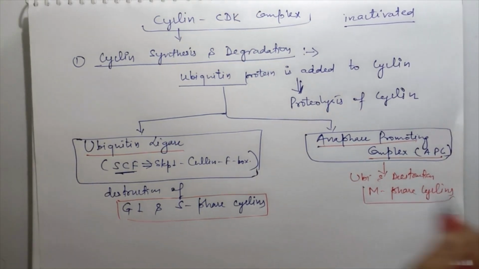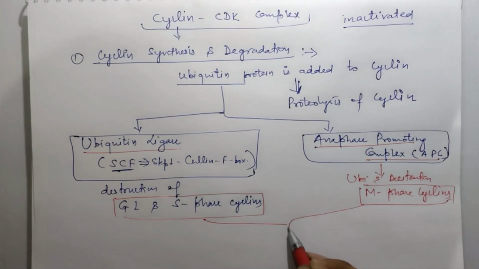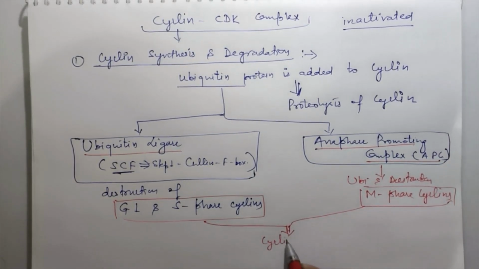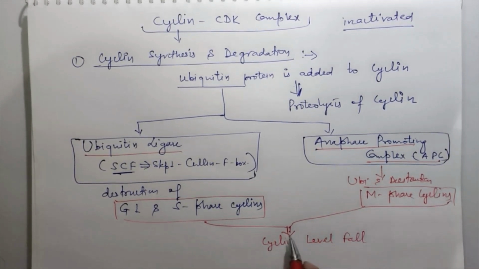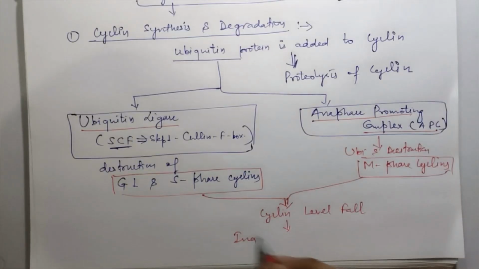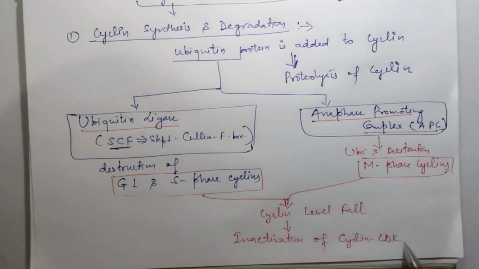And due to these two events, their cumulative result, the cyclin levels fall, and ultimately it causes inactivation of the Cyclin-CDK complex.